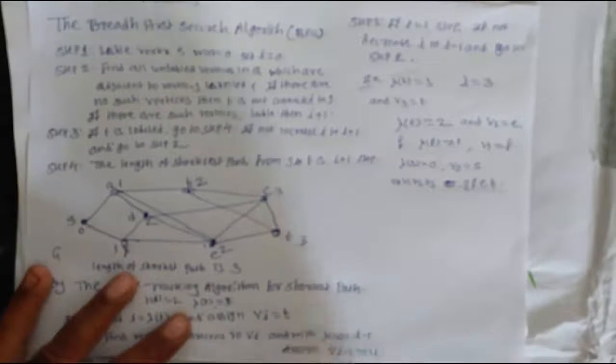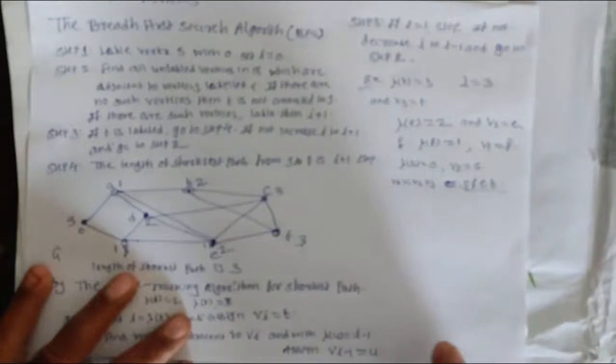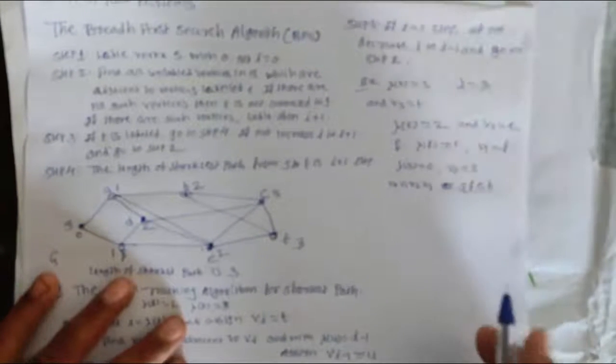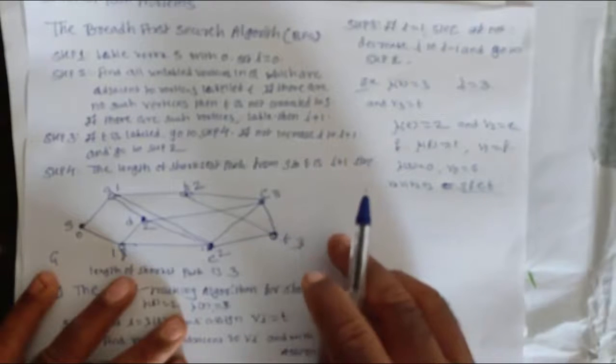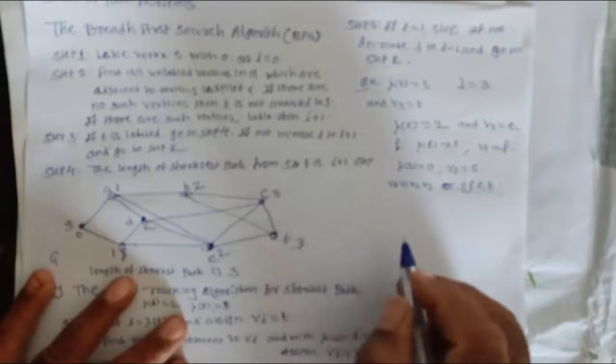Now, again, find the number of shortest paths using this backtracking algorithm.